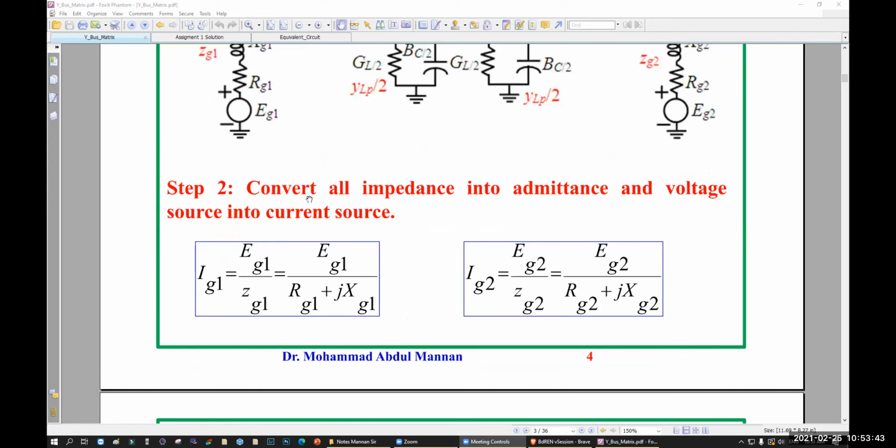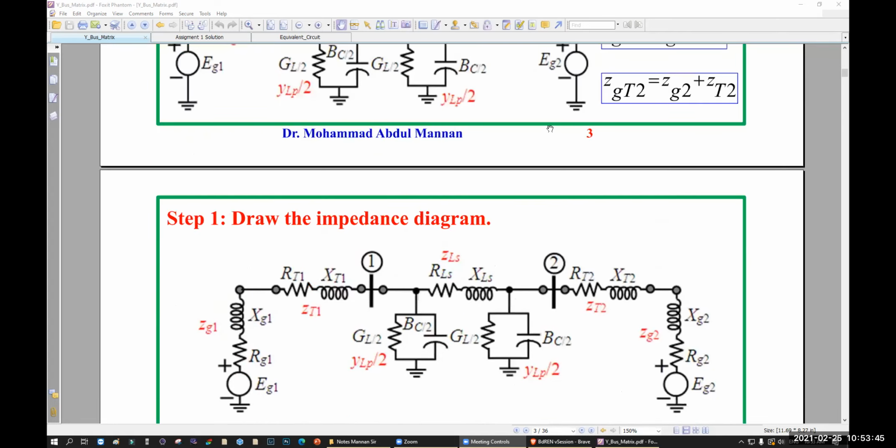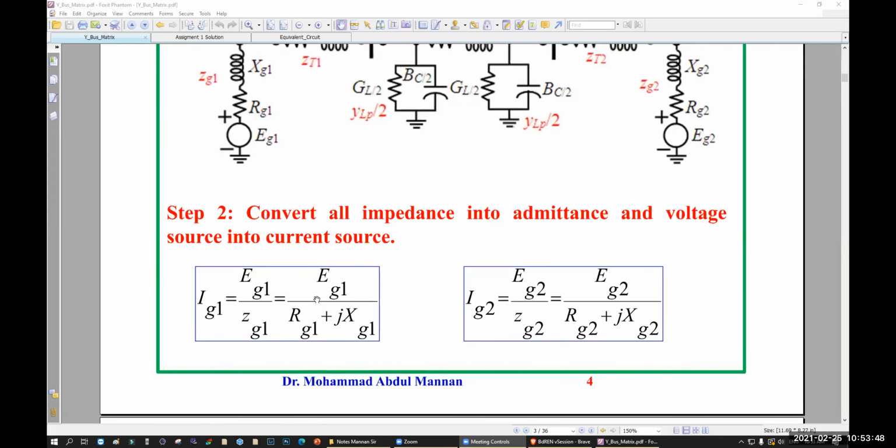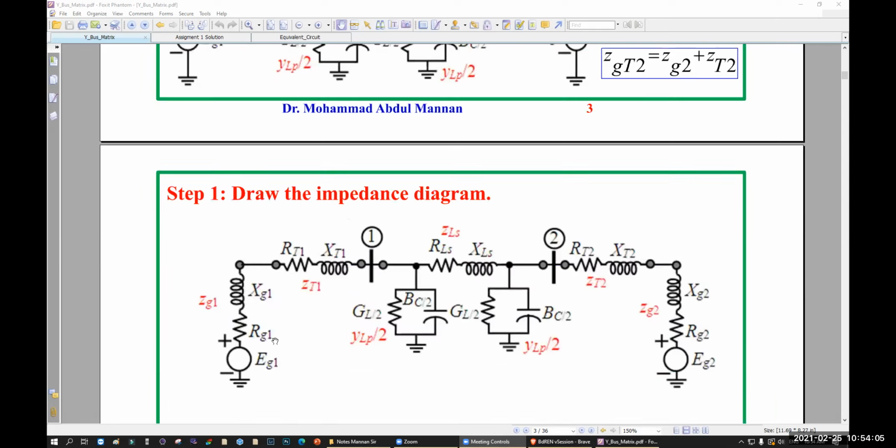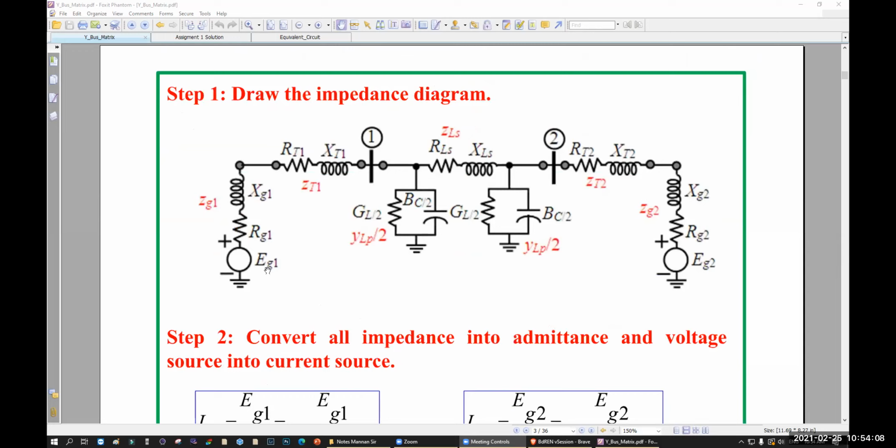We have drawn. Now the nodal equation, right? Nodal equation is how your current will flow. You will express that in the form of equations. So convert all the impedance into an impedance diagram and the voltage source into a current source. Ig1 is equal to Eg1 divided by Zg1. You have a voltage here that is called Eg1. You have reactance and resistance, that means total impedance, that is Zg1.